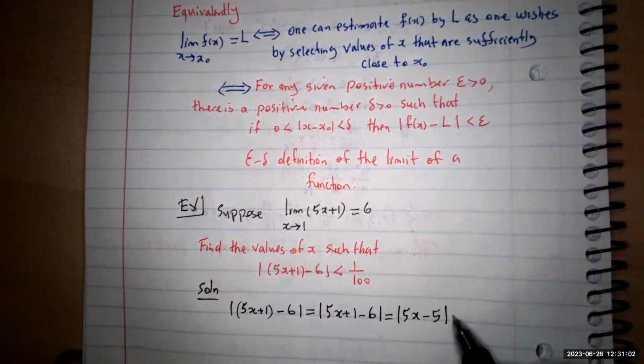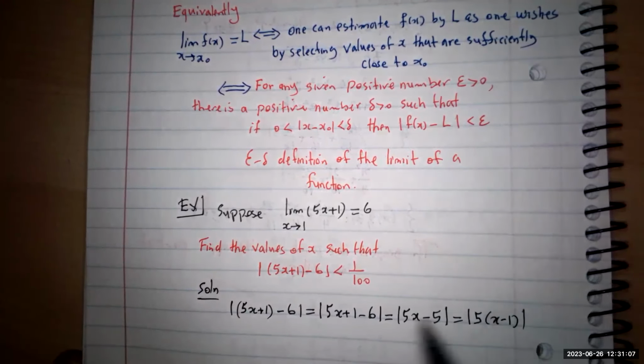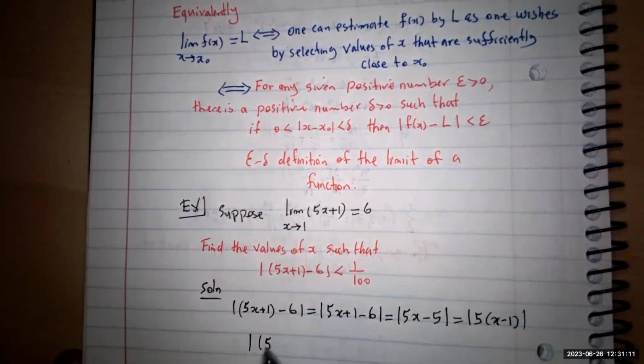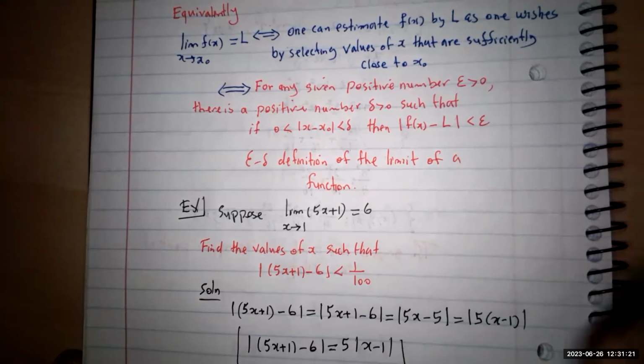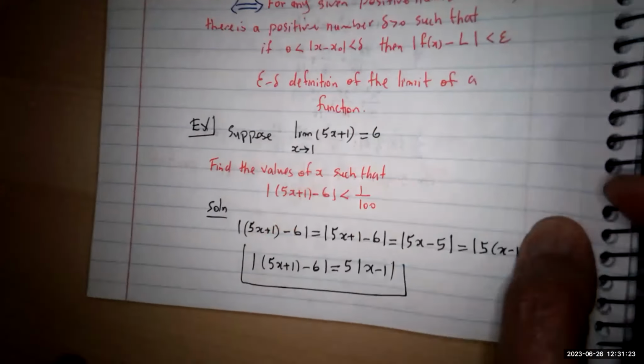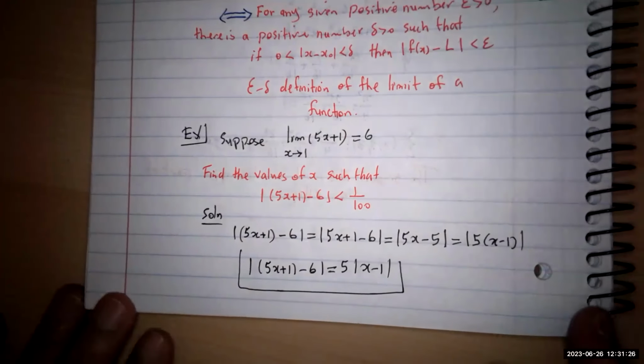Pull out the 5 as a factor, so that gives you 5 times x minus 1. So the difference 5x plus 1 minus 6 is equal to 5 times the absolute value of x minus 1. That's a key part of this problem of the limits.